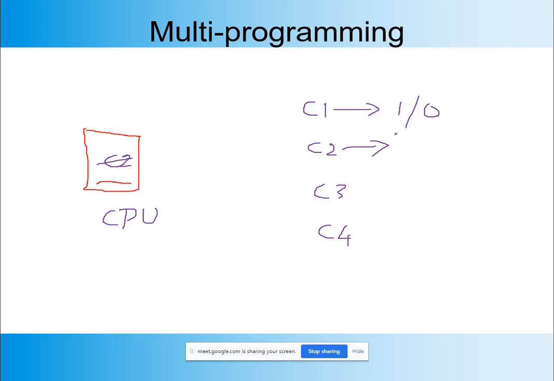It could be waiting for an IO process, or for any other reason it could have been suspended. Even under those circumstances, in a non-multi-programming system, the CPU would be idle. But with the advent of the multi-programming feature, the CPU was utilized most of the time. It was not idle. Okay, this is about multi-programming.